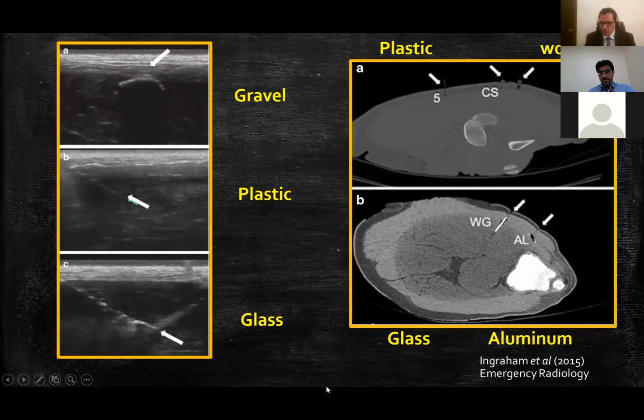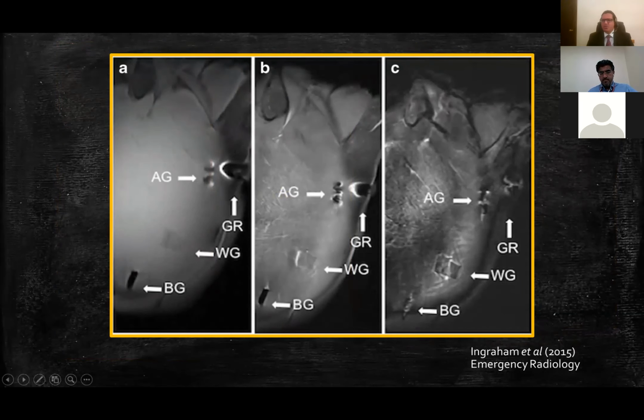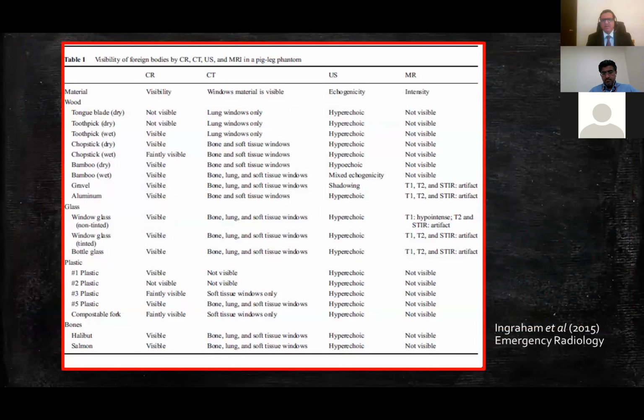MRI is not good quality for foreign bodies, whether it is T1 or T2 or STIR image. When compared to ultrasound, CT, or conventional radiograph, MRI was not good. Please do not consider MRI for foreign body. CT scan is really the best.